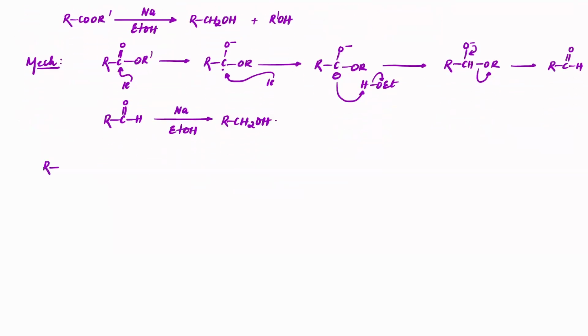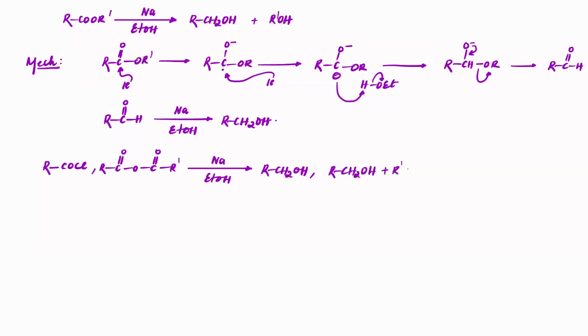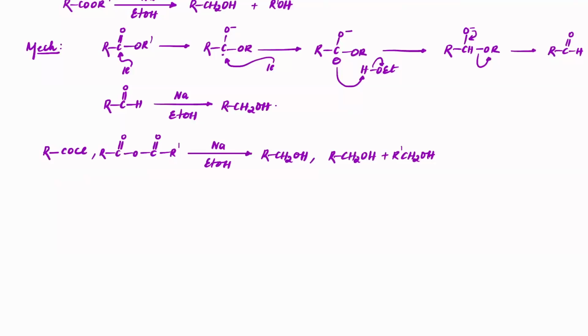So if you take acid chlorides, or anhydrides, or RCOOR dash, as you react with sodium and ethanol, it will give you alcohol directly, RCH2OH plus R dash CH2OH. This is the type of reaction that happens with sodium and ethanol.